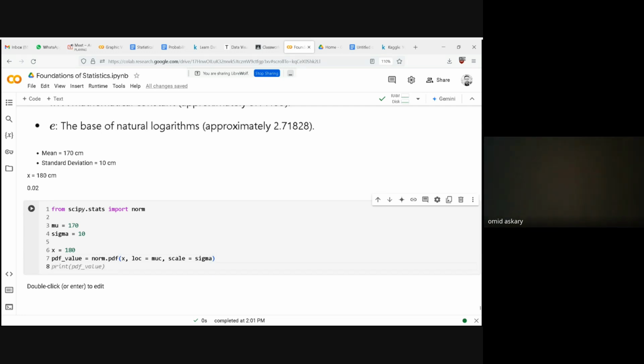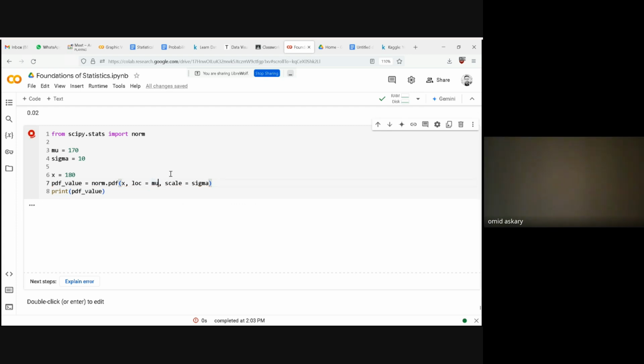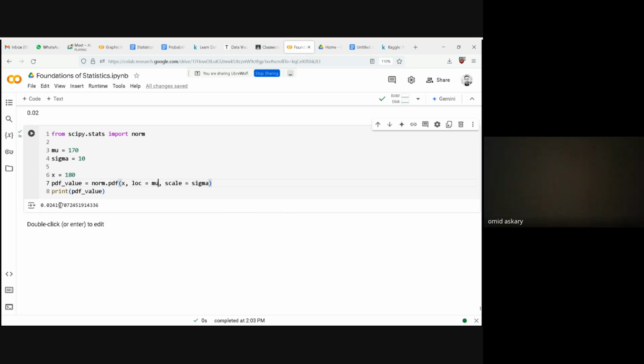And just print the PDF value. I hope it will work. It didn't work. Yeah, it worked. It's 0.2419. So this is the PDF value.